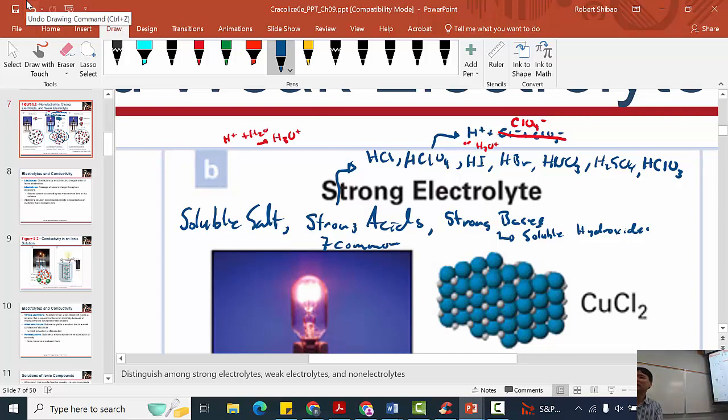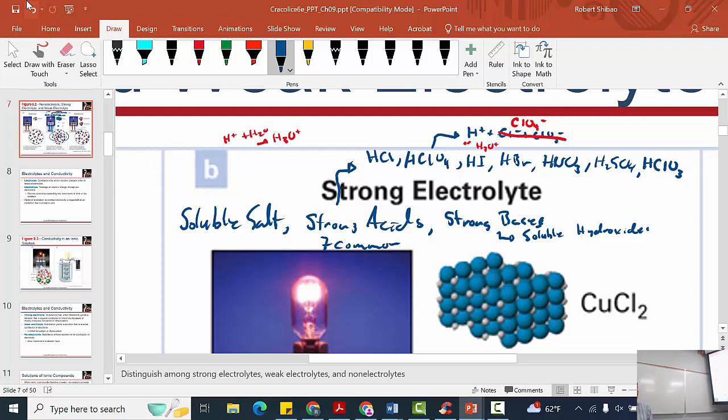So for example, magnesium hydroxide, is it soluble or insoluble? Well, what are the solubility rules for hydroxide? Somebody tell me the solubility rules for hydroxide. You just read it off. The hydroxides are all soluble or all insoluble?